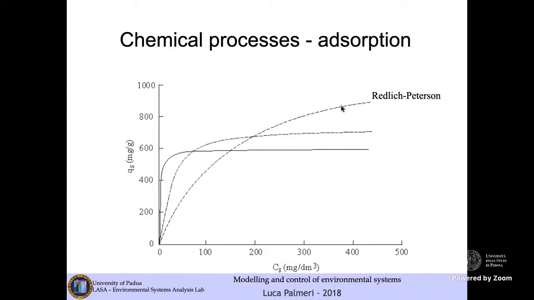While in the case of the Freundlich isotherm, you still have a continuous growth of the concentration of the solid phase, but it is slower than the Redlich-Peterson.